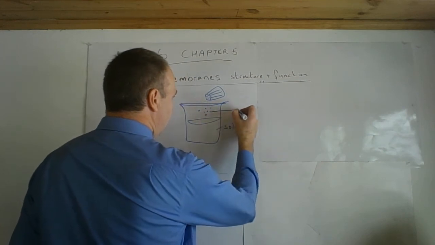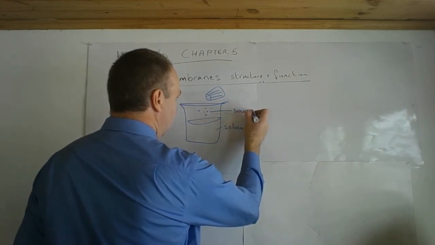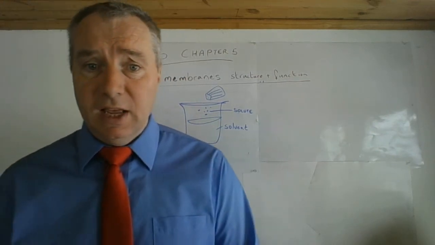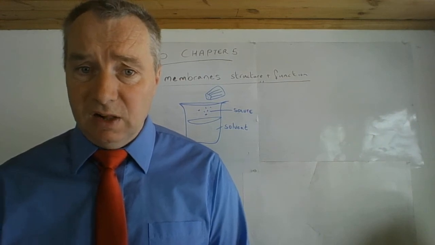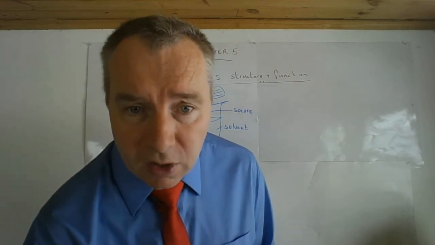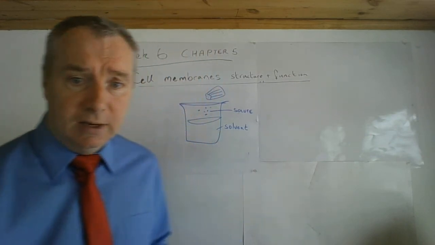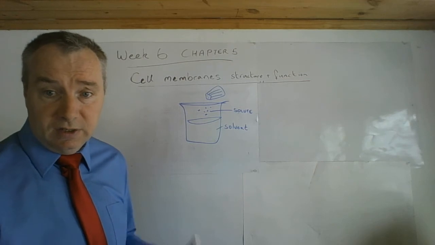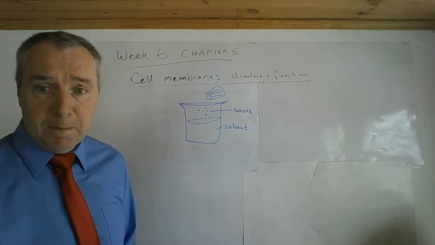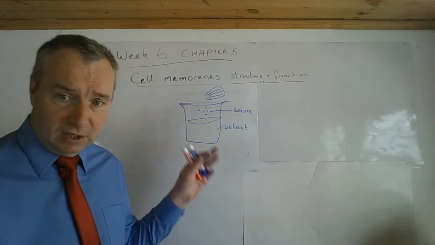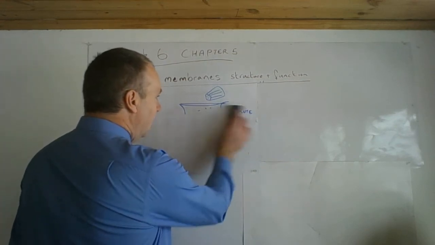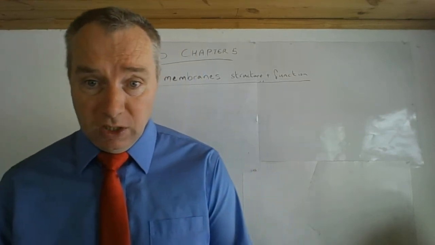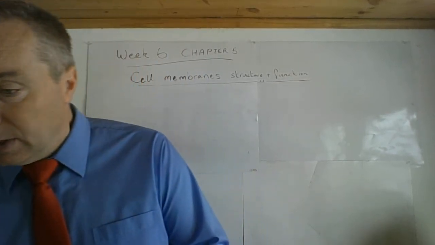And we call this stuff the solute. So whatever it is that's dissolved is called the solute, and the stuff that dissolves it is called the solvent. So a way to think about it is solve is part of the word dissolve. So the stuff that does the dissolving is called a solvent. And the solvent that we have most of in the world is H2O, water.